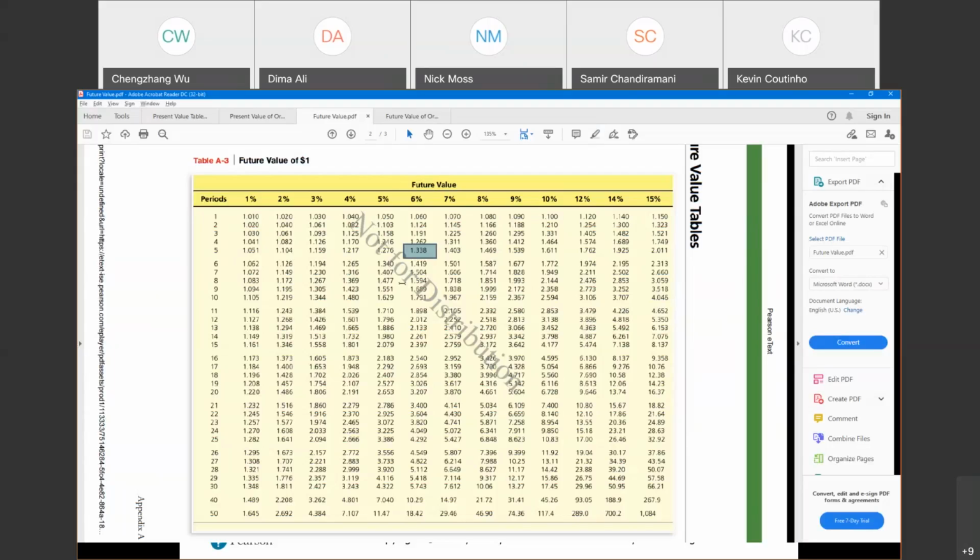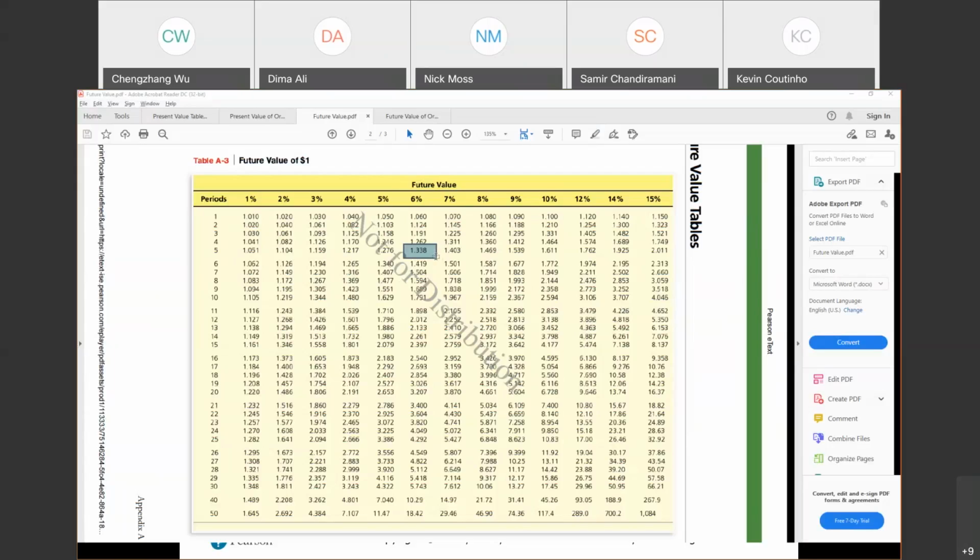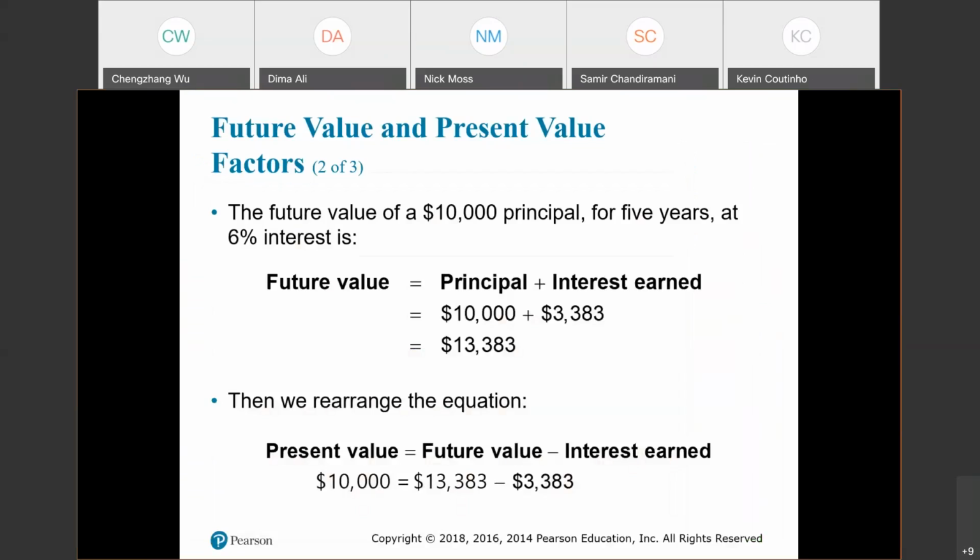And we simply use this factor times the initial investment, which is 10,000. We get the future value to be $13,383.